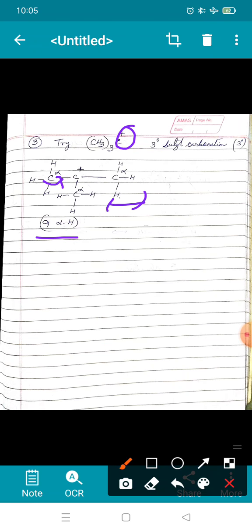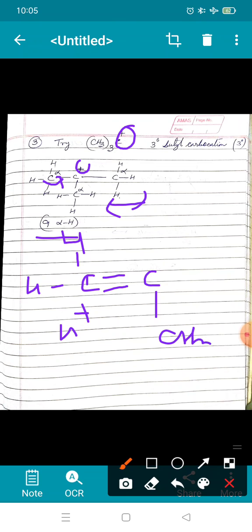Then remember they are separated by a double-headed arrow. So we get H, C, H, and this H will remain as a positive charge. Then a double bond will form here. This positive charge will get neutralized. So don't put any positive charge here, and this CH3 and this CH3 remain as such. Then the remaining 3 structures you can draw by involving this one and this one respectively. Okay, so do practice it because it's a very important factor.